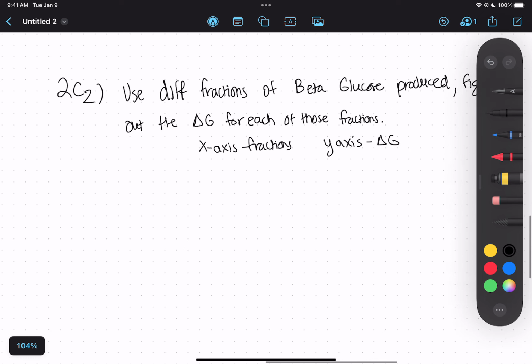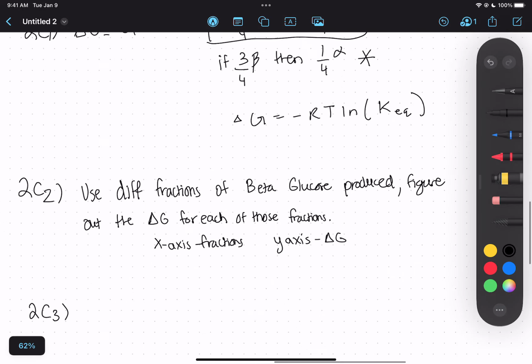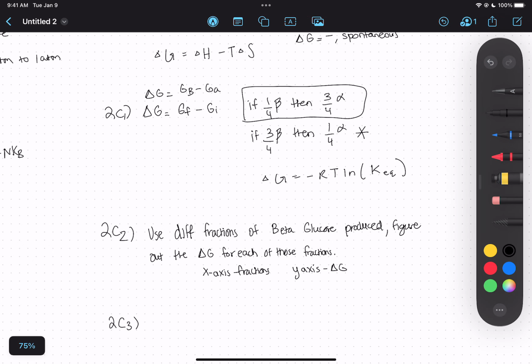C3 is kind of logical. It's just saying, when would you reach the smallest value? If you think about it, when I said you could expedite it and just multiply the fraction by delta G, well, any fraction of delta G would have a smaller magnitude. Let's look at that.